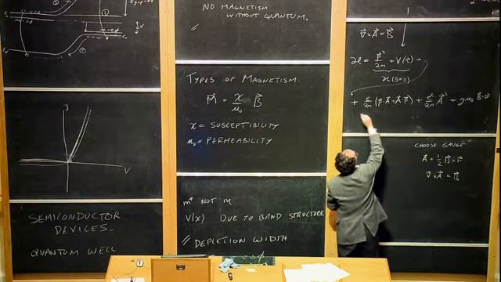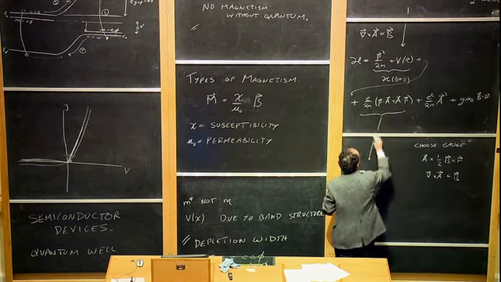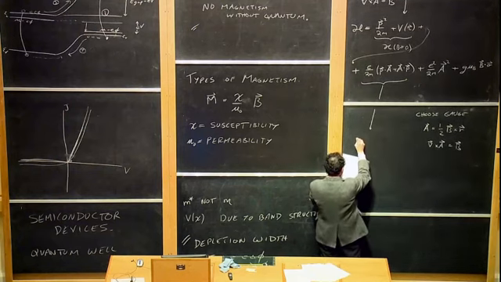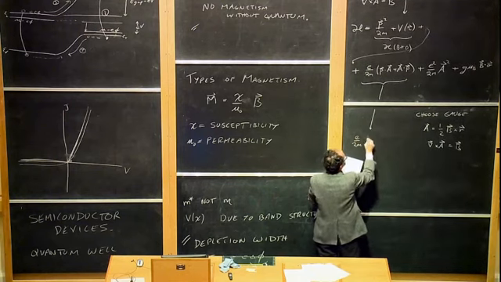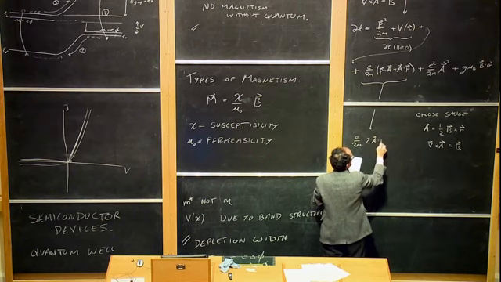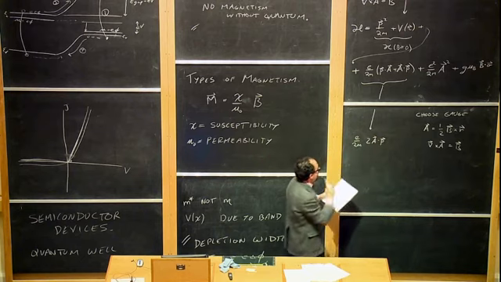So choosing this gauge, we can then rewrite this as E over 2m, 2A dot P. So those two commute right through each other.